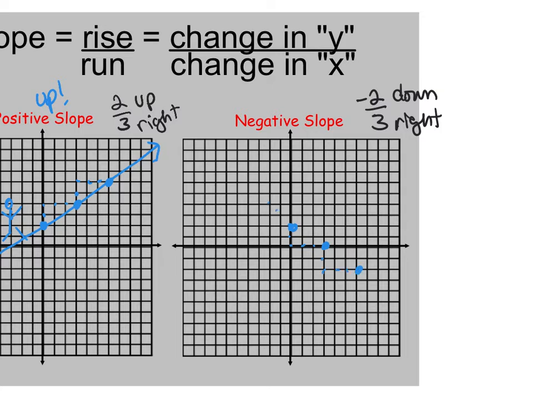The mistake is some kids run left, and if I did down and left, then I'd end up with the same as my first one. So if you always run right, you will graph the slope correctly. And remember, imagine you're on this hill. This would be a downhill. You'd be running down if you ran it from left to right.